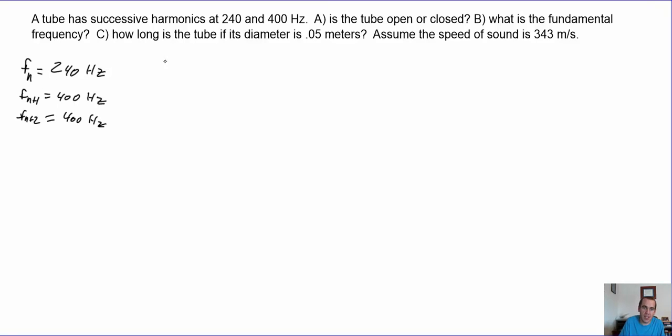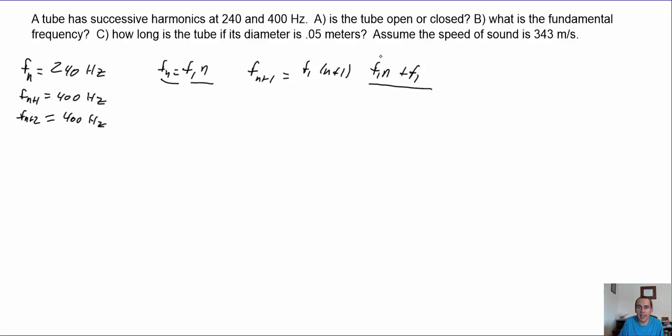So what I'm going to do is say, well, the nth harmonic, Fn, is given by the fundamental times n. And that means the next harmonic, Fn plus 1, is given by the fundamental times n plus 1. And in this case, that's F1n plus F1. So what I have is Fn equals F1n, and Fn plus 1 is equal to F1n plus F1.